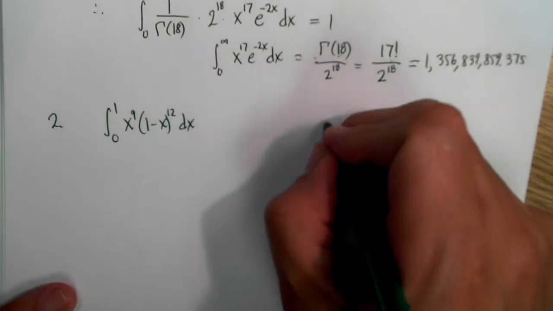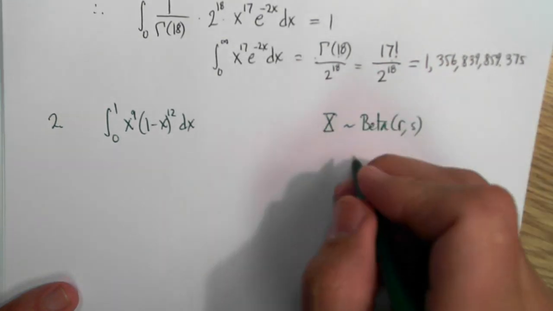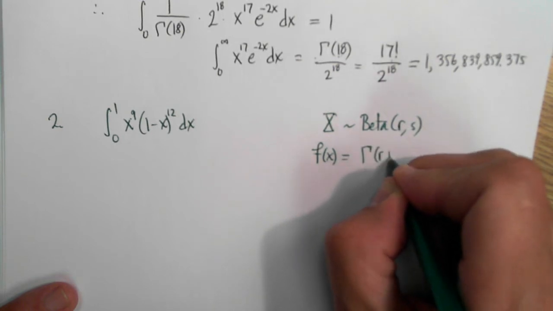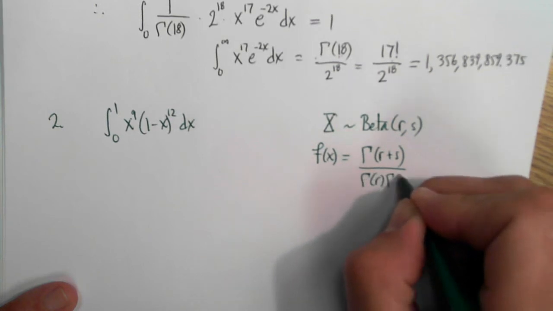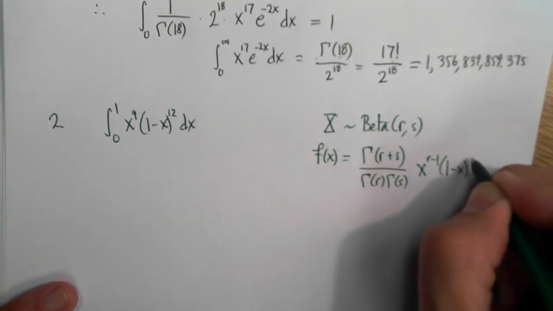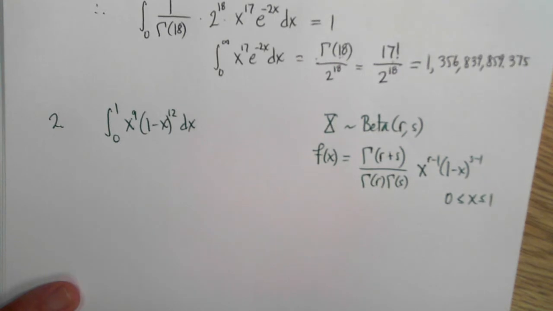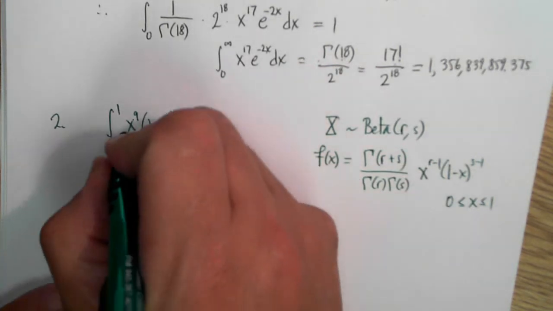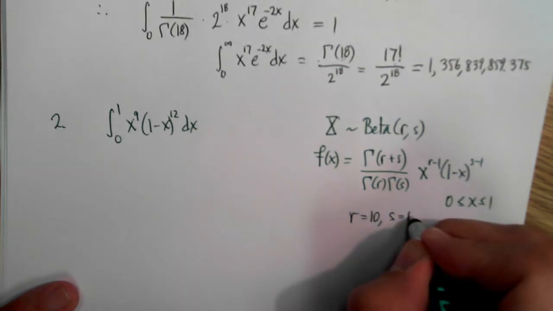So if you remember, if X is beta with parameters r and s, then the density function is equal to gamma of r plus s over gamma of r, gamma of s, times x to the r minus 1, 1 minus x to the s minus 1, as long as x is between 0 and 1. Okay, so this lines up quite nicely with my problem here. So for my problem, that means r is equal to 10, and s is going to be equal to 13.